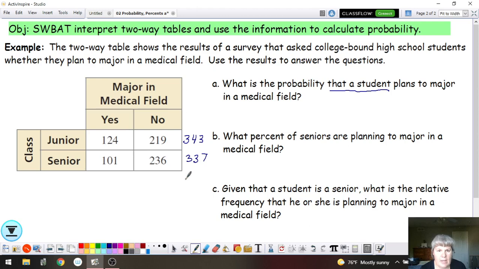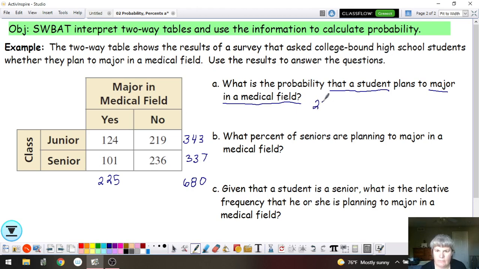And add those together. 343 plus 337 is 680 total students. So out of the 680 students, how many plan to major in a medical field? We know that 124 and 101 plan to major in a medical field. So that's a total of 225 out of the 680 plan to major in a medical field.